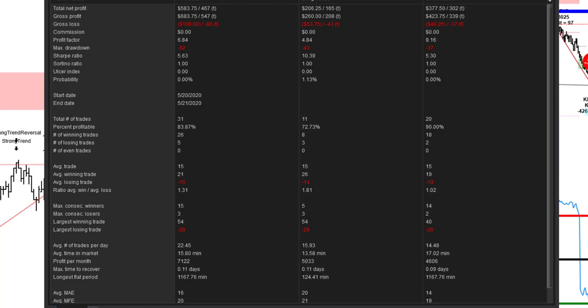Once I've conquered this strategy, that will be the time when I'll be adding contracts. But with a total net profit of 467 ticks in 2 days, that's a tremendous number. Now, all I need to do is keep repeating it and continue to make good decisions.